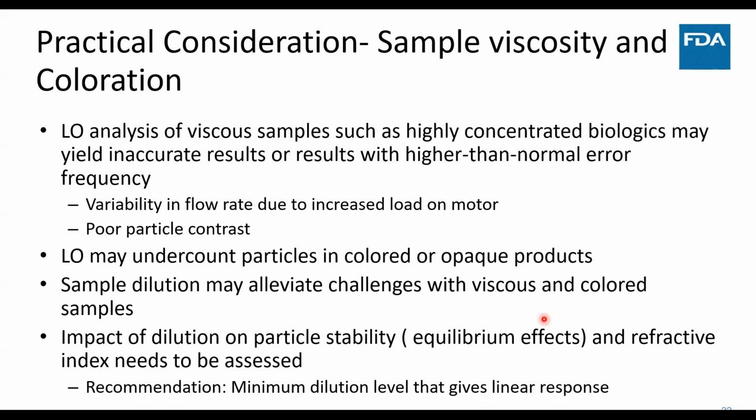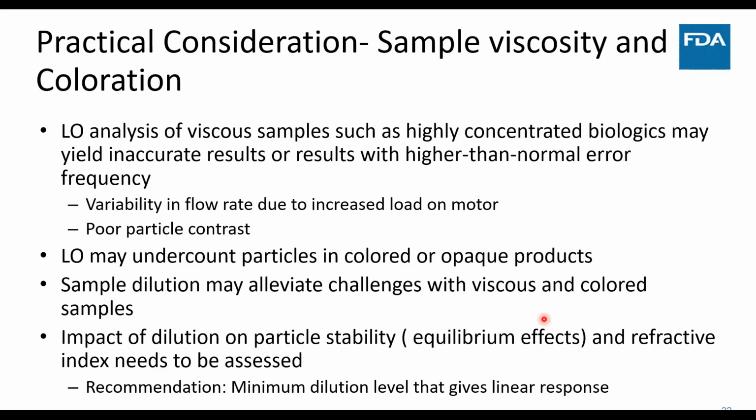However, dilution of samples for light obscuration is still allowed. In dilution, it's important to look at the impact of dilution on your particle stability and equilibrium effects. So let's say I have a biologic or a product in which our agglomerate is not highly stable, right? It has an equilibrium reaction between our monomers and our dimers or our trimers or higher molecular weight substances.